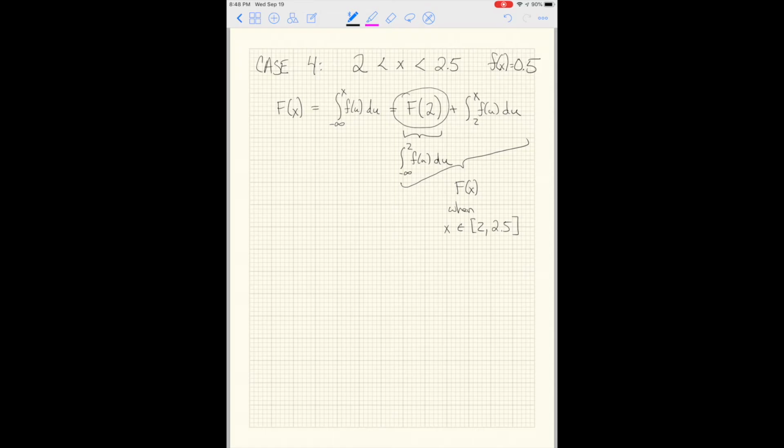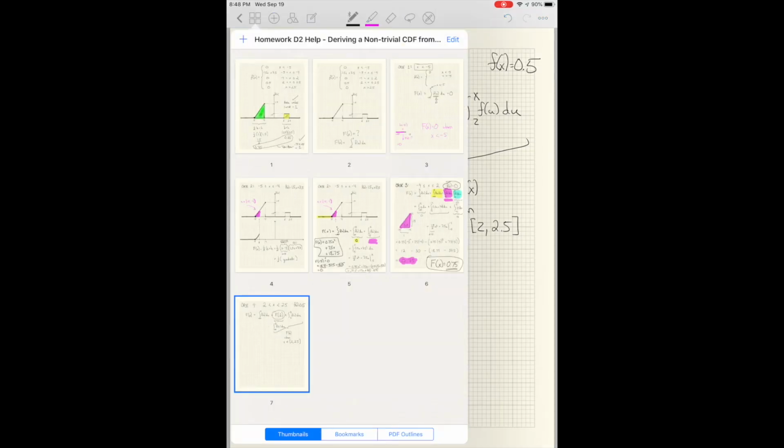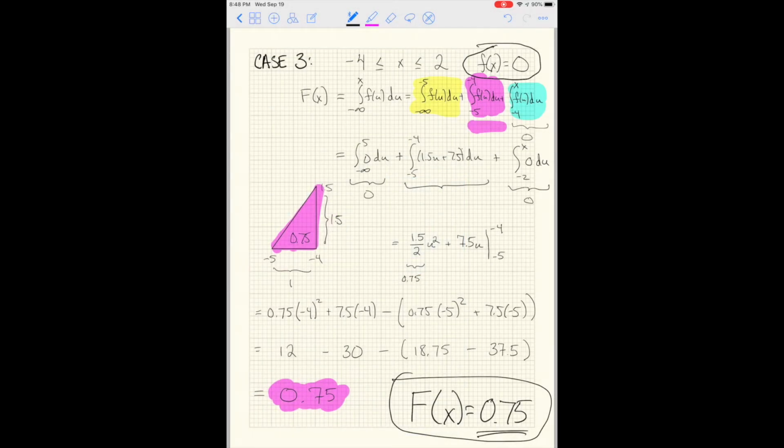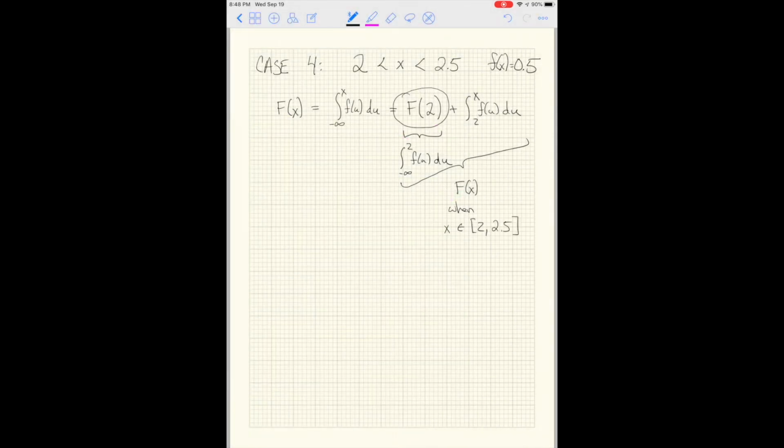What's nice about that is if I go back to the previous page, I know that when x is in this region, F takes on this form. And so F of 2 is going to be equal to 0.75. I just get that for free. So I can just carry that 0.75 over. So my F of x for this region is going to be equal to 0.75 plus the integral from 2 to x of 0.5 du.